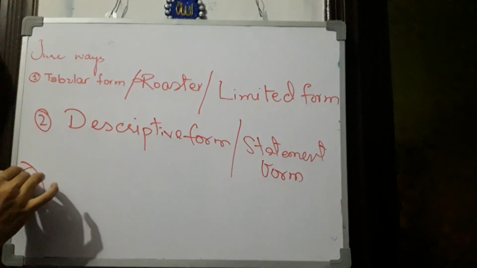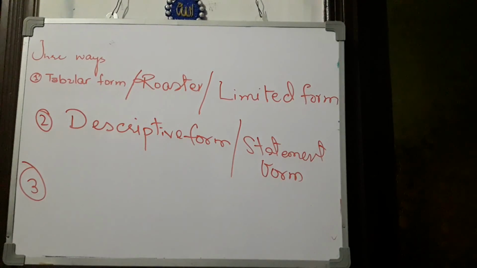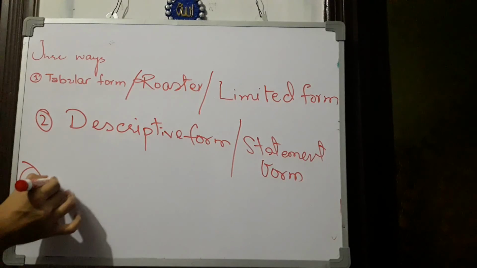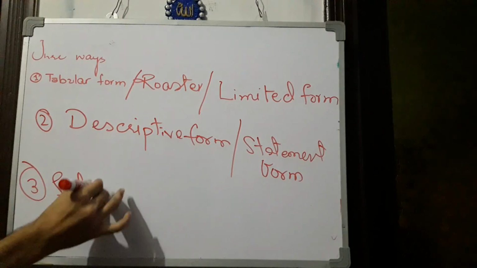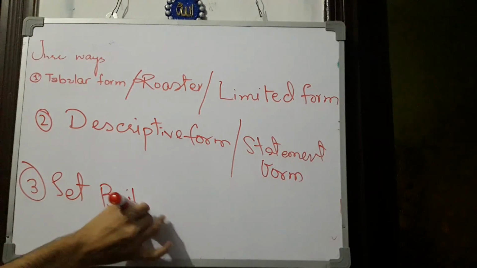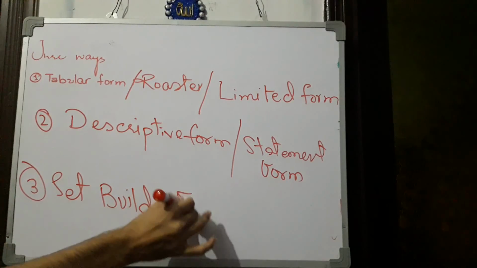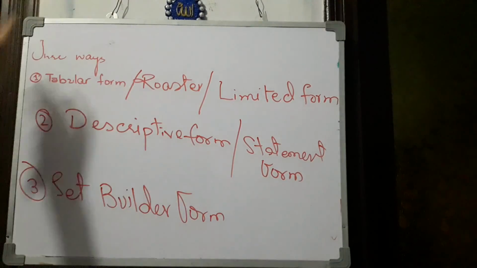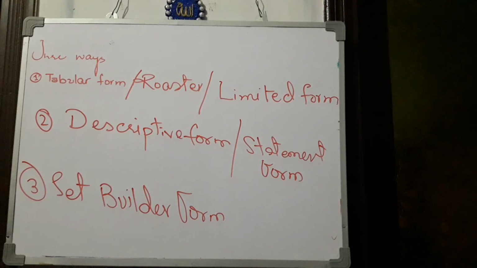The third way to write any set is set builder form. These are the three different ways with the help of which we can write any set. It means that a particular set can be written in three different ways. I will show you how.